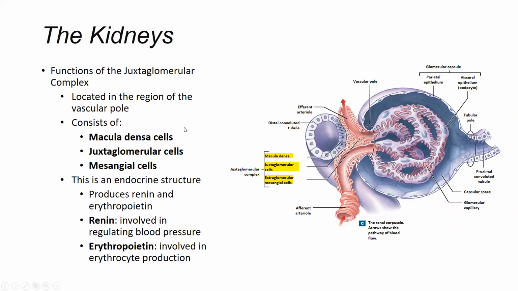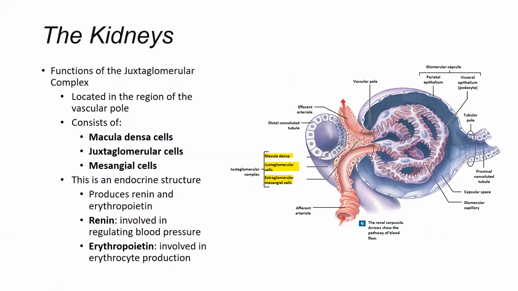So as such, these 3 structures together, which form an endocrine organ, are responsible for producing renin. Does anyone remember what renin is? It's important in maintaining blood pressure. So renin is that hormone.